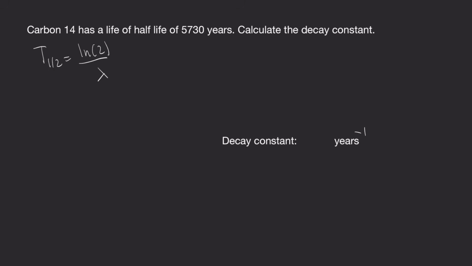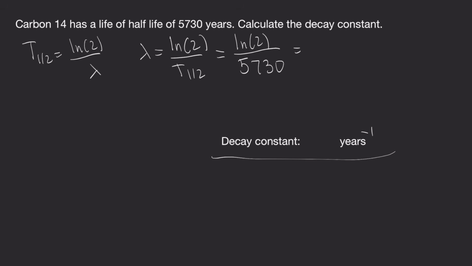The decay constant lambda is just then equal to ln of 2 divided by T half-life, and because the unit here is given as years to the -1, I'm going to leave that in years. If it was in seconds to the power of -1, I would change it, giving us approximately 1.21 times 10 to the -4 years to the -1.